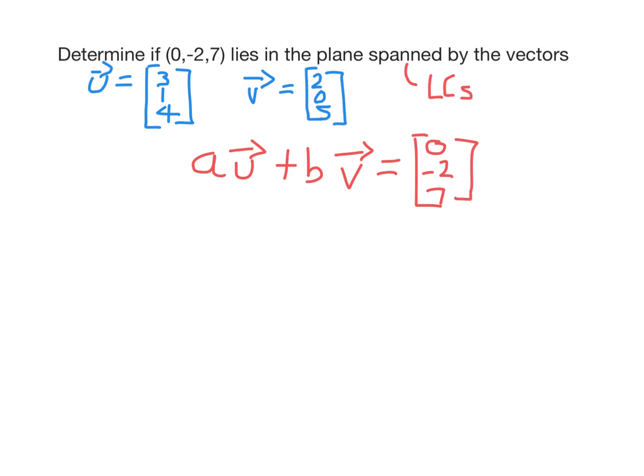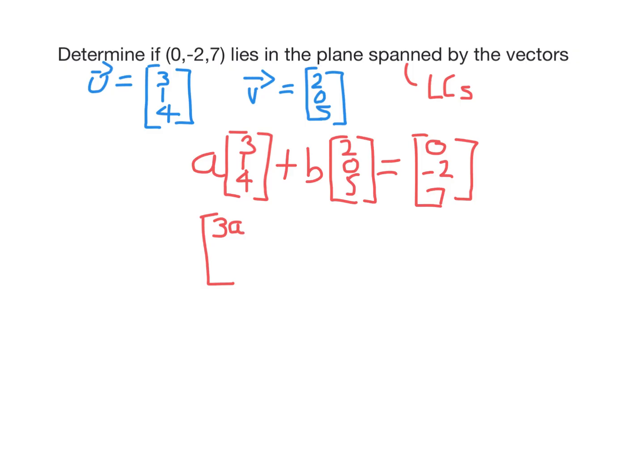So let's replace u with this vector and v with this vector. Sometimes it's possible to find such values a and b, sometimes it's not. We just go through and solve the resulting simultaneous equations and see if the solution is consistent. So multiplying the first vector by a, I just get 3a, 4a, and multiplying the second vector by b, I just get this.